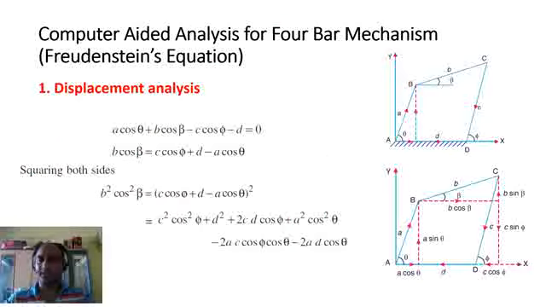So in the projection method, what we are going to do here, we are going to draw the 4-bar chain mechanism on the XY plane. So let us consider this as your XY plane, and this A, B, C, D is the 4-bar chain mechanism. Let us consider theta is the input angle and phi is your output angle. And you know in a 4-bar chain mechanism, the first link, which is the shortest link, is referred to as your crank, which is your input link.